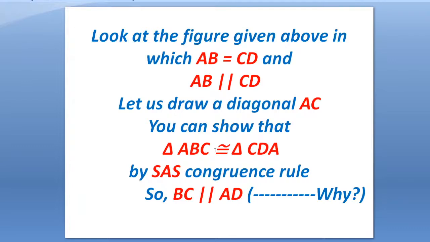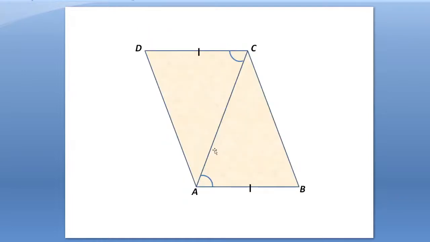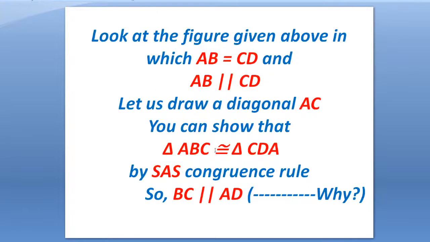AC is a diagonal, and triangles ABC and CDA are congruent by the SAS rule. Okay, and why is there a question mark for you?